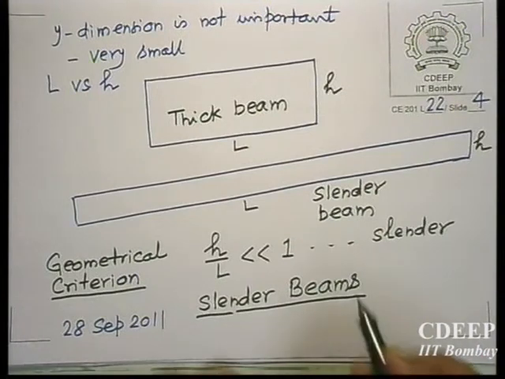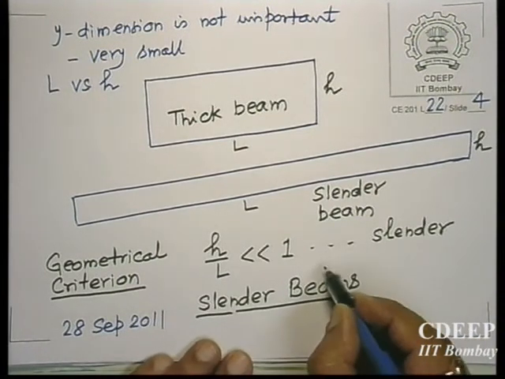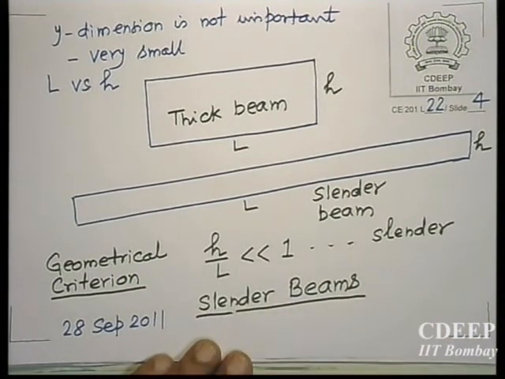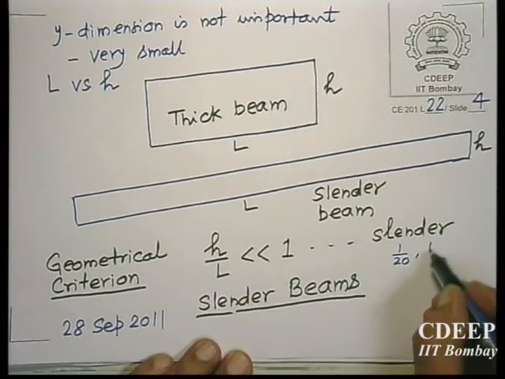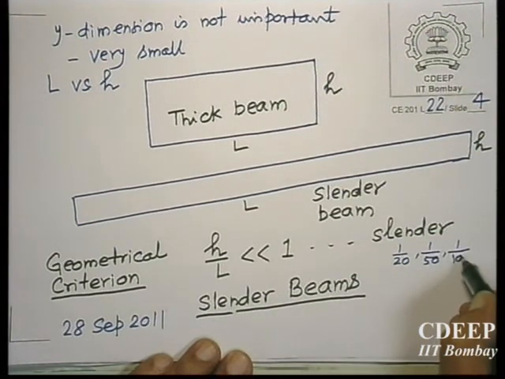So what geometrical ratio will you call small, slender? I will just give you some idea. H by L, less than what? 1 by 20, 1 by 50, yes, okay, 1 by 100, all right.